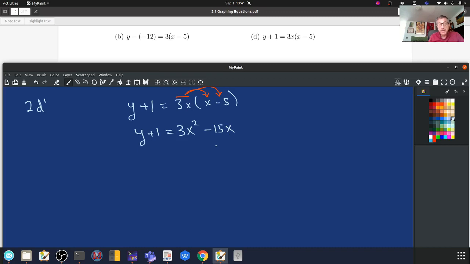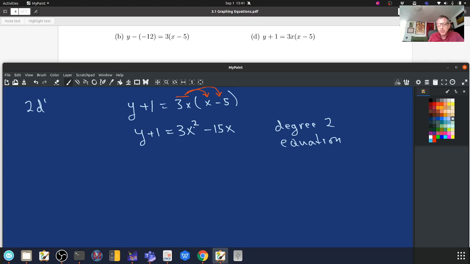Well, we can stop right now because this is a degree 2 equation. By that I mean that when I look at the variable term, I have a variable with an exponent that is equal to 2.